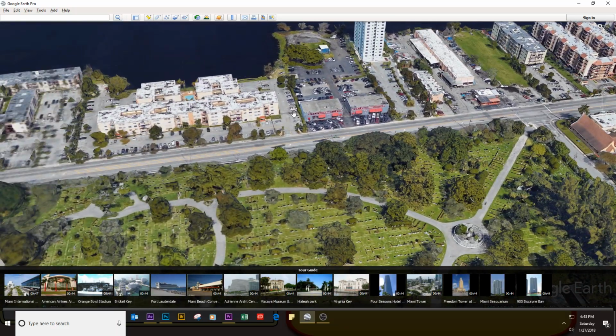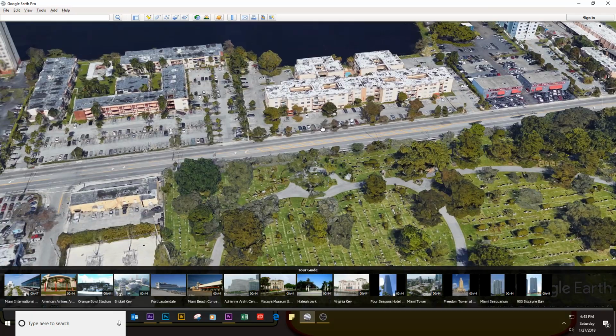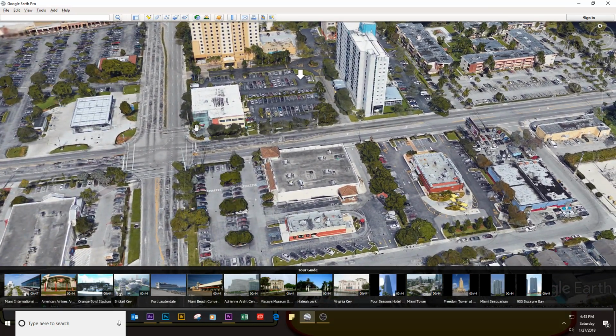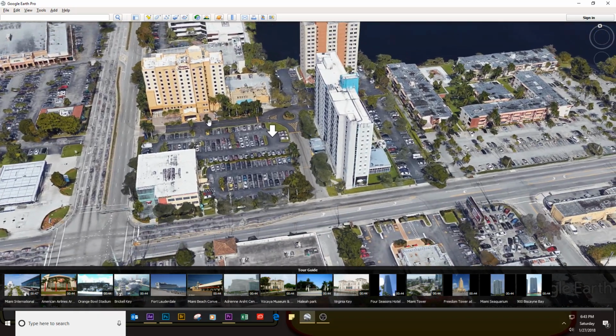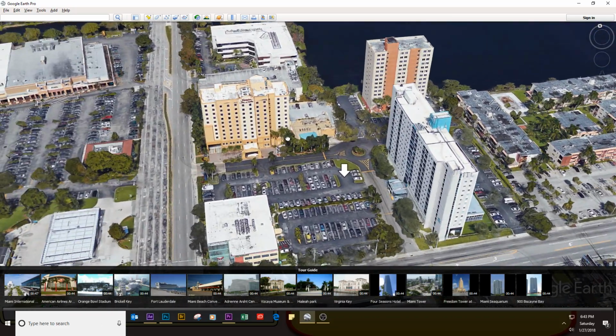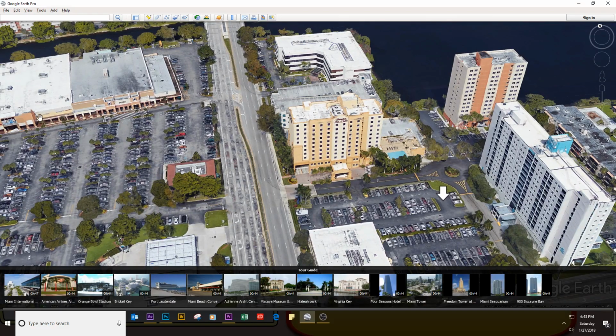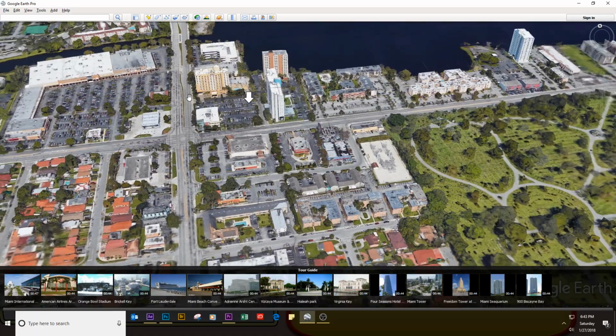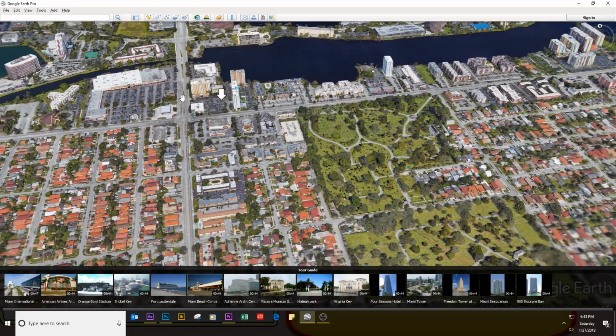And this is 7th Street and 57th Avenue, right here. See all these buildings? Now, this is a Sedano's over here, on 57th or so. I'll tell you in a minute.